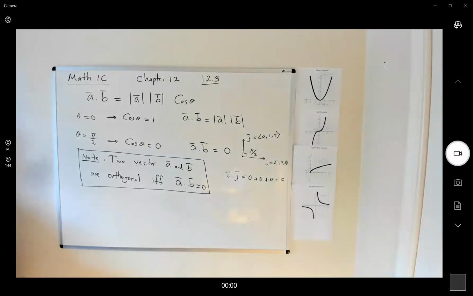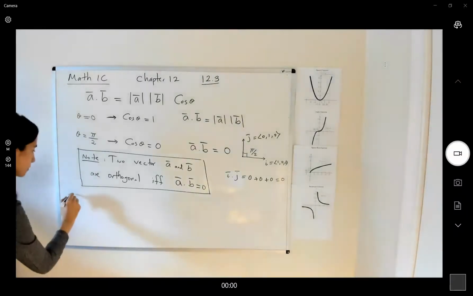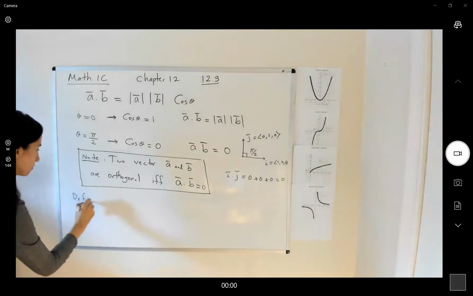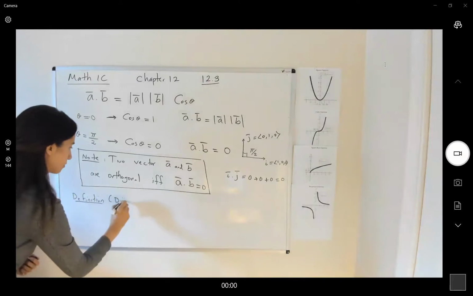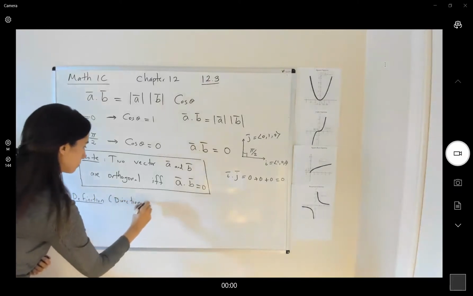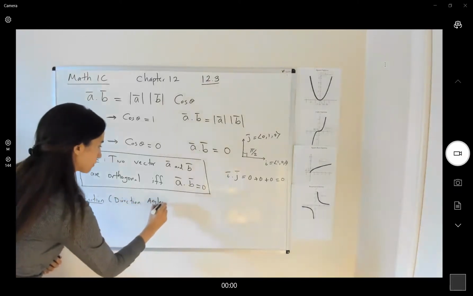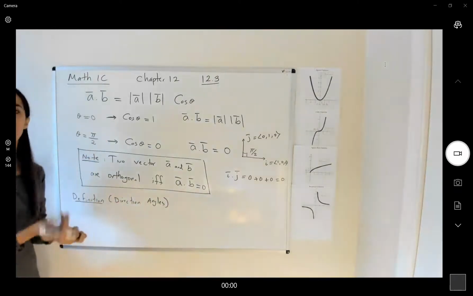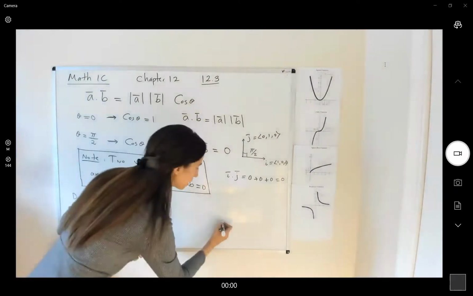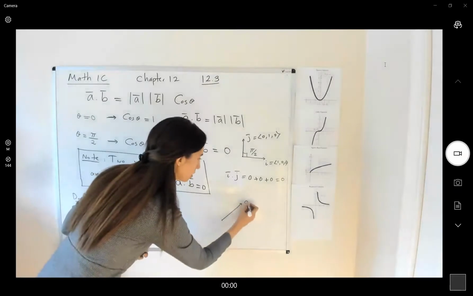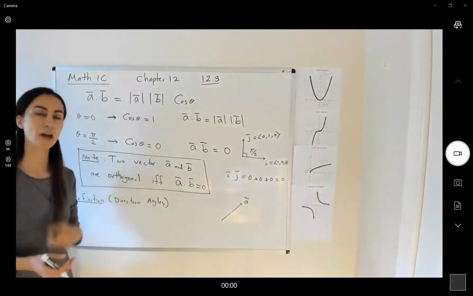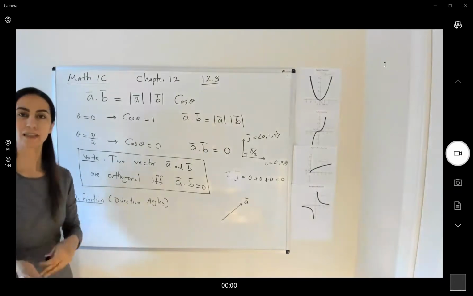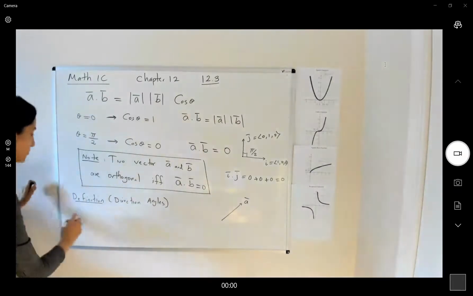Very well. Let's define direction angles. Definition. Direction angles. When you have a vector like A, that vector forms different angles with the x-axis, with the y-axis, and with the z-axis.